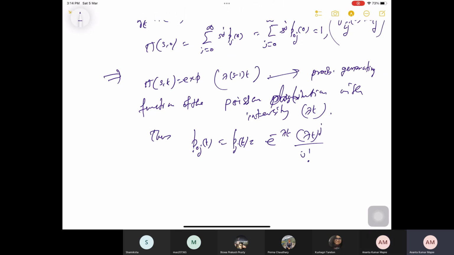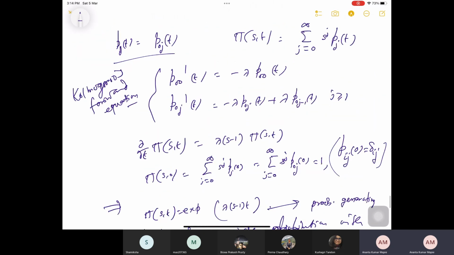So P0j is given by this formulation for my Poisson process. Okay, so this probability of x equal to j we already know directly, no? But here we try to use our continuous time Markov chain concept, and using the Kolmogorov forward equations, we have this part.